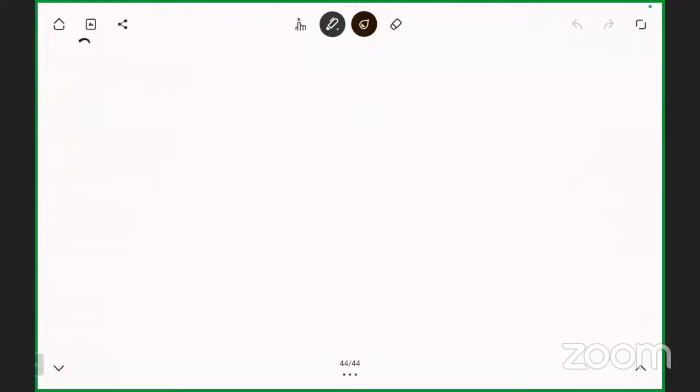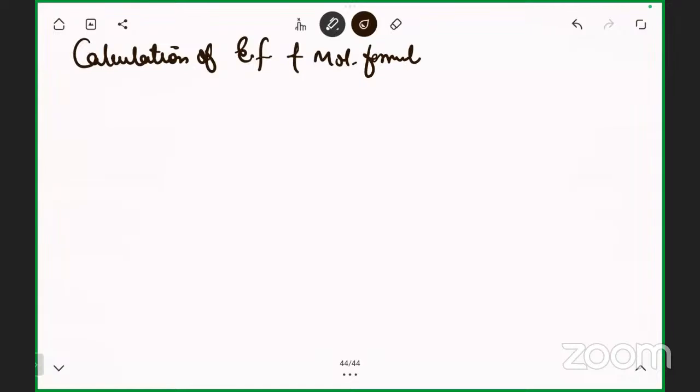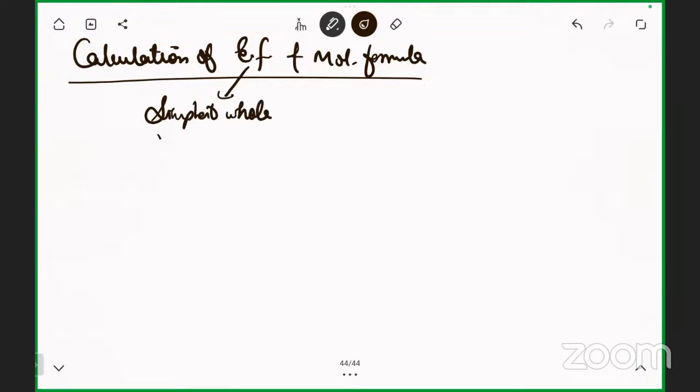So we'll start with the calculation of empirical formula and molecular formula. First of all, what is the empirical formula? Empirical formula is that formula which gives the simplest whole number ratio between the atoms.